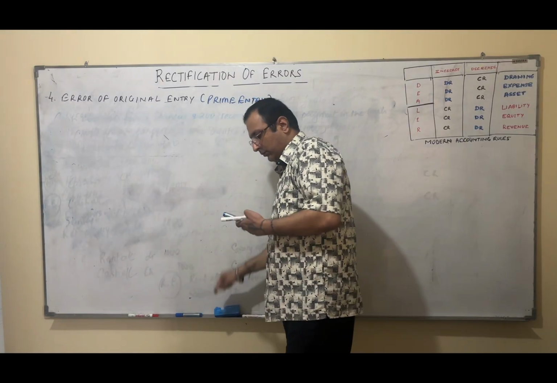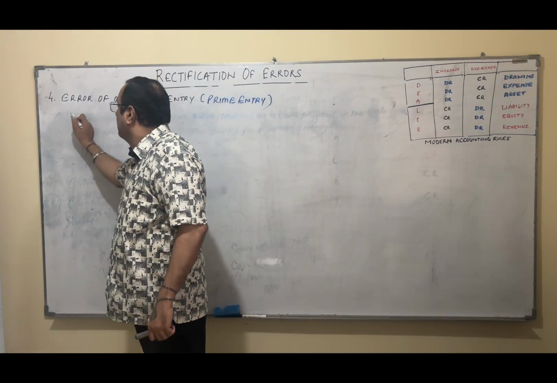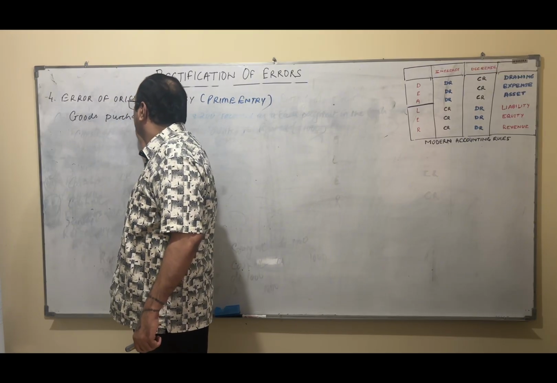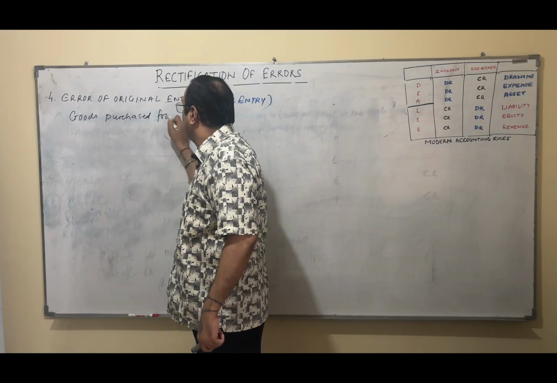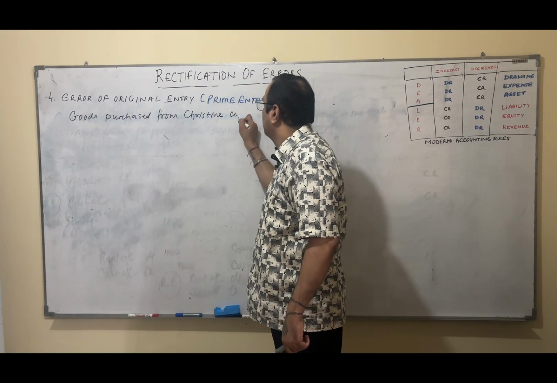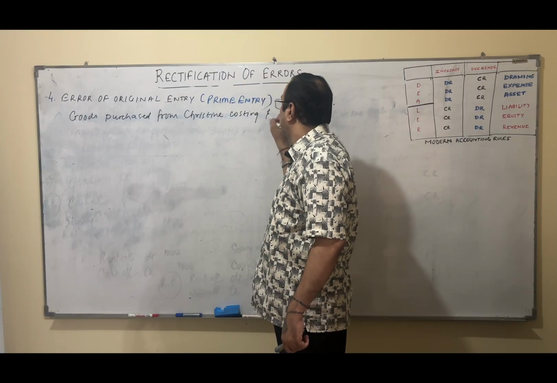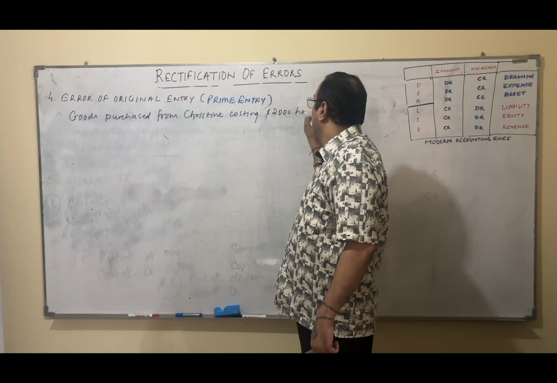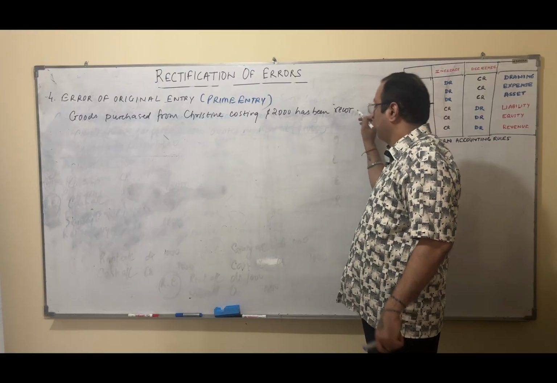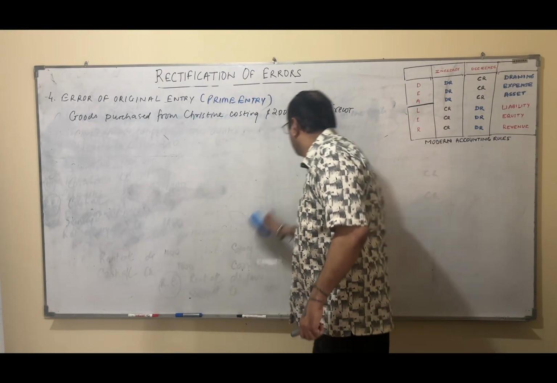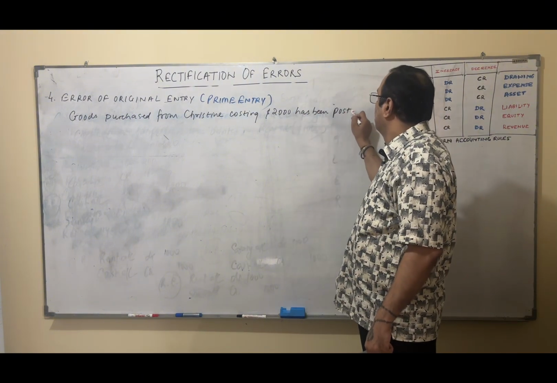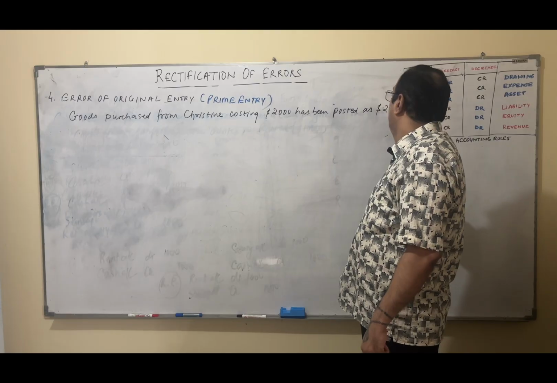Goods purchased from Christine costing 2000 has been recorded, or we can say posted, as 20,000.